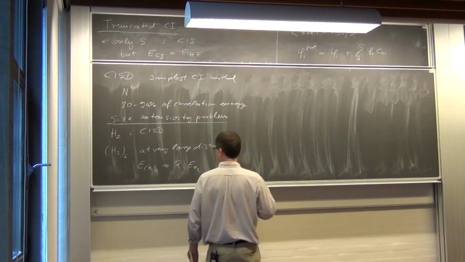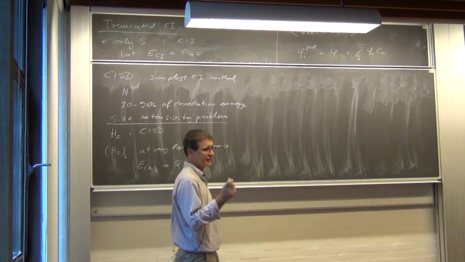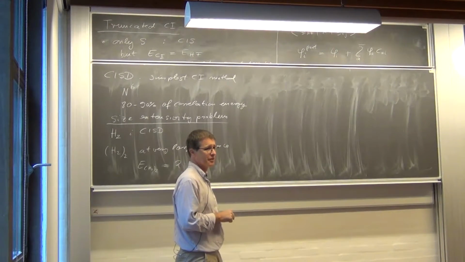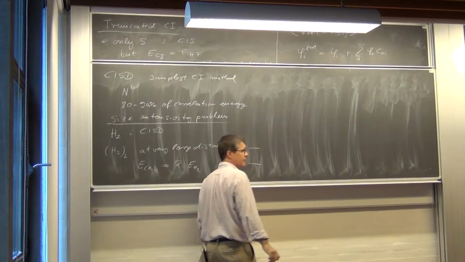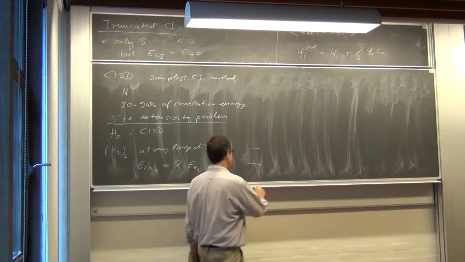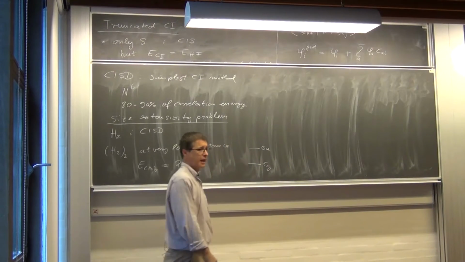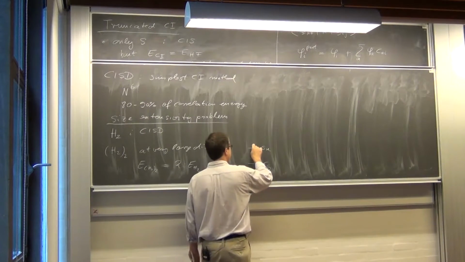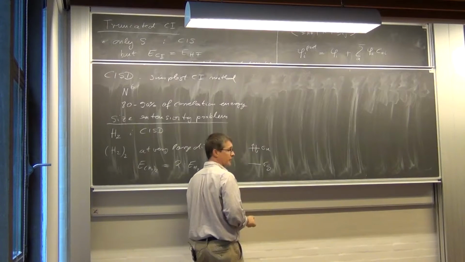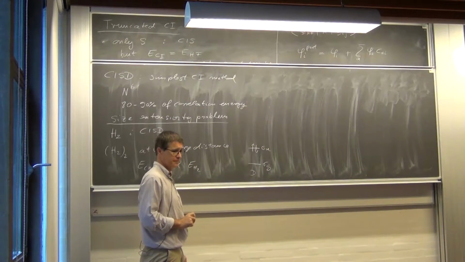But now look, let's take our minimal basis set H2 system from Tuesday, where I have a sigma G and sigma U orbital. Remember that, sigma G, sigma U. Of course, in a CISD, I have my Hartree-Fock determinant, and I have that determinant, a double excited determinant for H2 alone.